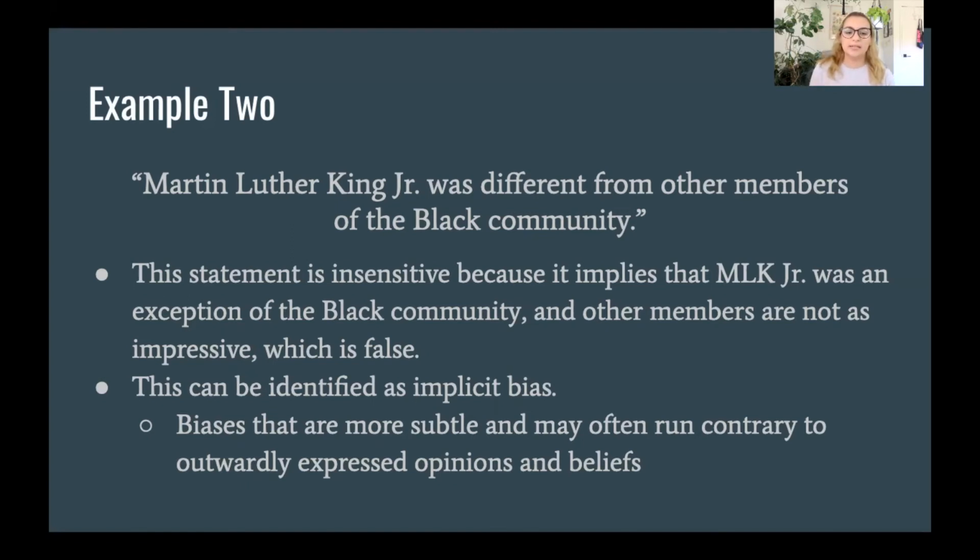However, these biases are more subtle and may often run contrary to outwardly expressed opinions and beliefs. So someone may say this thinking that they're perhaps giving a compliment to MLK Jr. However, because we're saying he's different from other people in the Black community, this is what makes it offensive.